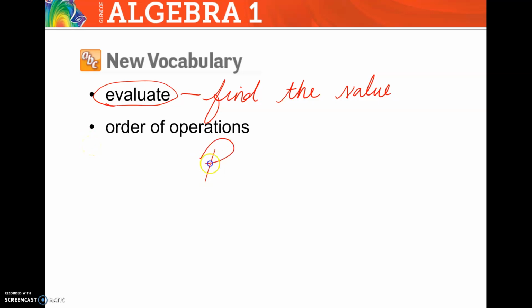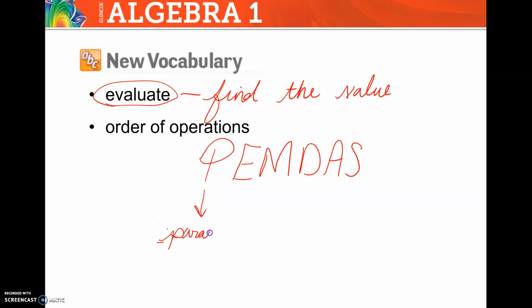And then order of operations. A lot of times you'll hear PEMDAS, and that is the order that we're going to do it in. P stands for parentheses or grouping symbols.